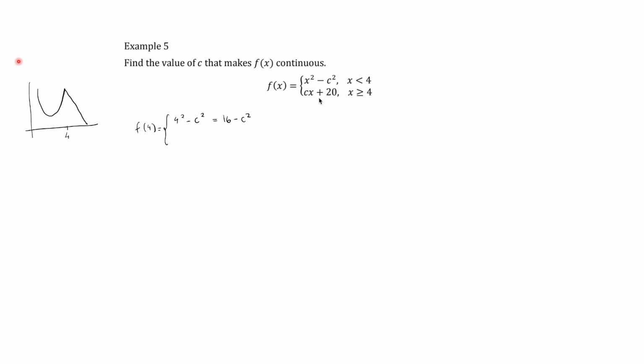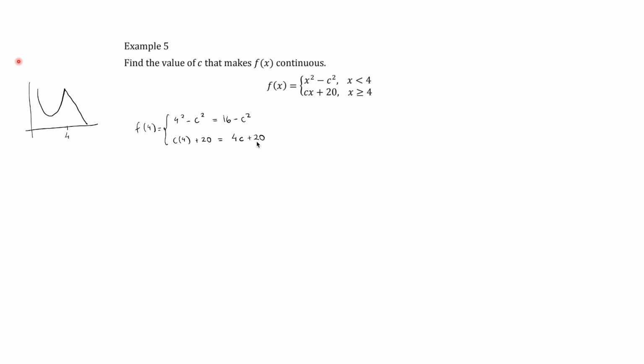And then for the second function, we are going to have c times 4 plus 20, which I'm just going to rewrite as 4c plus 20. Now, in order for the function to be continuous, these two values need to be the same when x is equal to 4. So let's write that down.